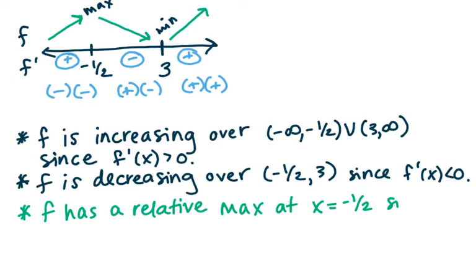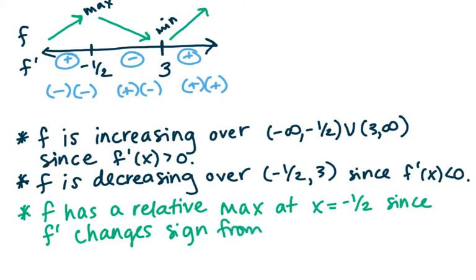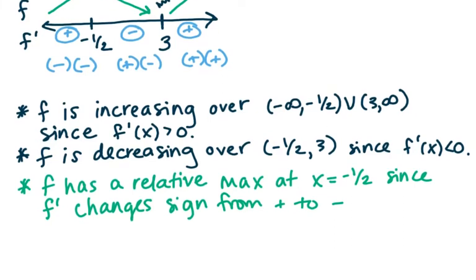And really the easiest way to explain this one would be since f prime changes sign, so the derivative changes from a positive to a negative, so that's why we know there's a max. And I'm getting lazy in writing the symbols, but you get the gist.